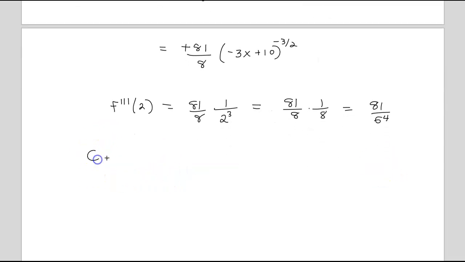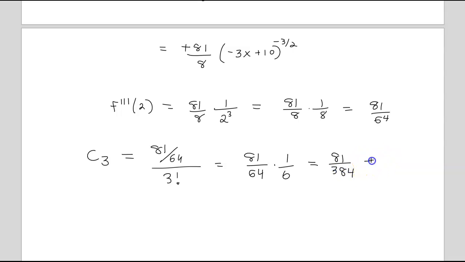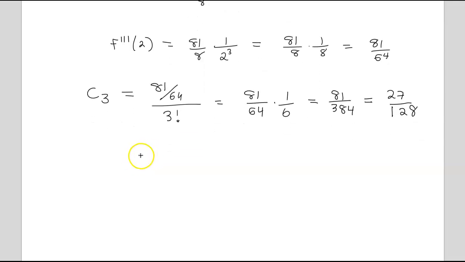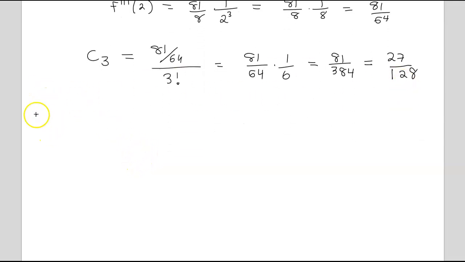And now to construct the n equals 3 coefficient, that's going to be 81/64 divided by 3 factorial, which is 6. So that's 81/64 times 1/6, which gives us 81/384, which reduces to 27/128.